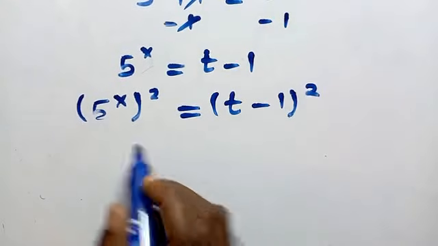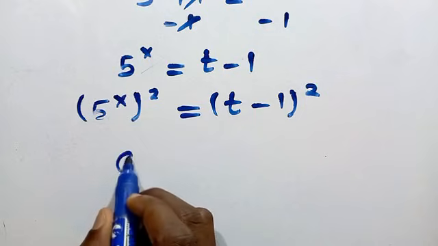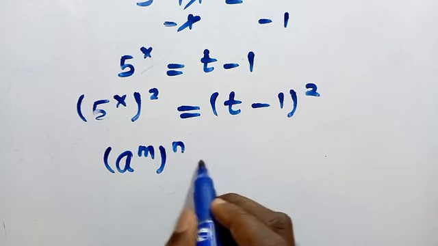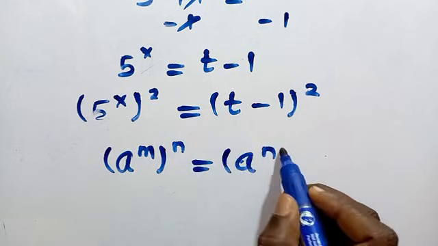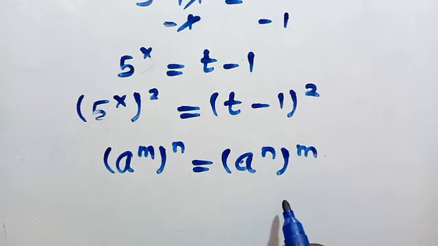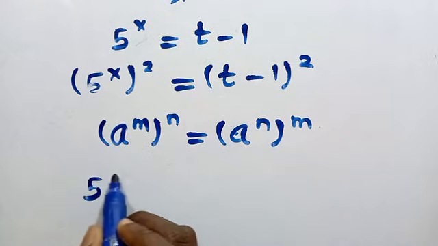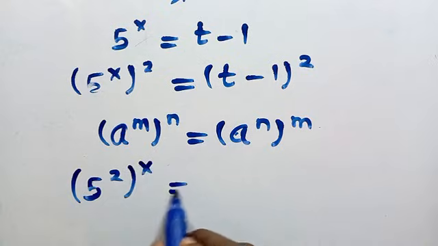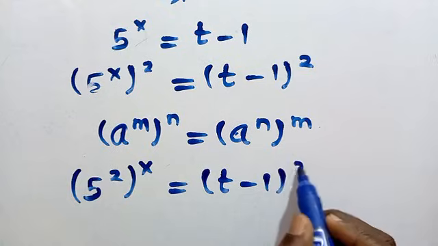Then we have a particular rule of indices that says, suppose we have a raised to power m raised to power n, this equals a raised to power n raised to power m. So we interchange this following the rule, and we have (5^2)^x = (t - 1)^2.